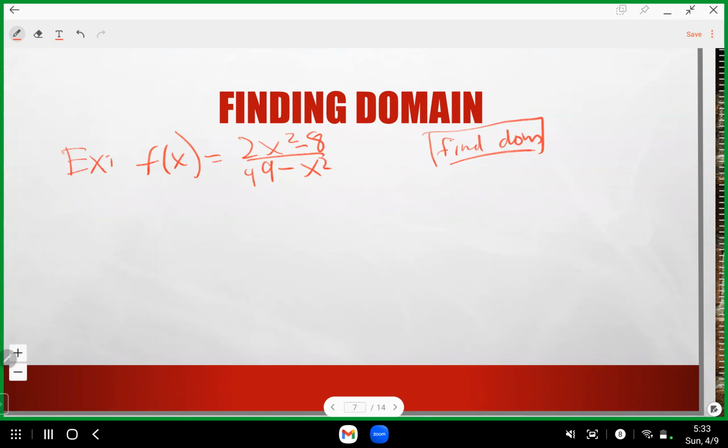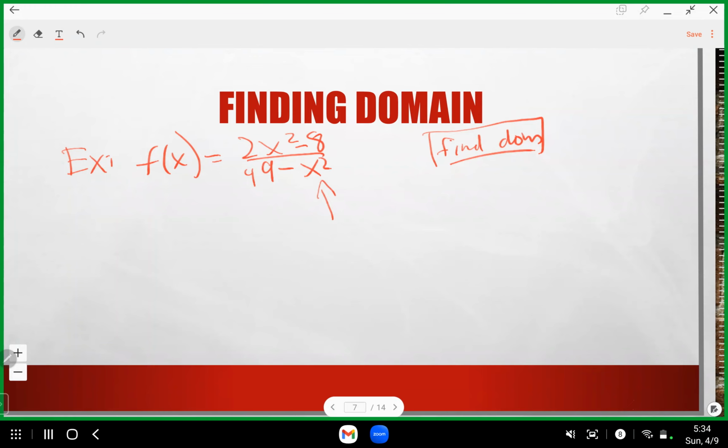Yes. So when you're finding domain, exactly, you have to look for restrictions. The only restriction on this thing is the denominator. Whenever you see something divided by something else, always look at the denominator, because the denominator can never be 0, because you all know that something divided by 0 is going to be undefined.